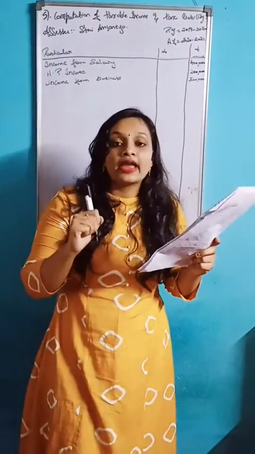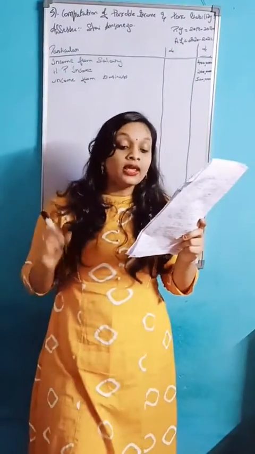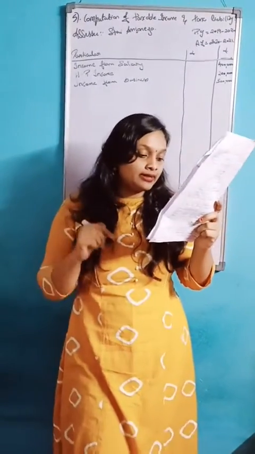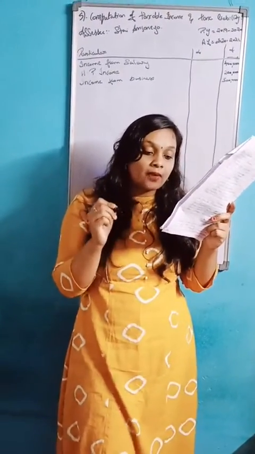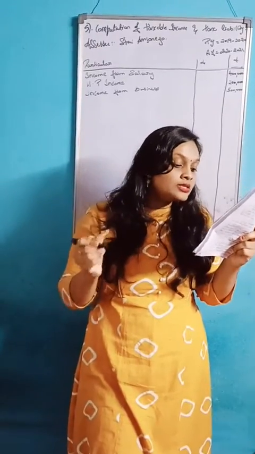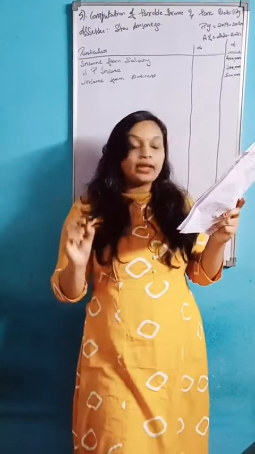Next, long-term capital gain and short-term capital gain they have given, and below they have mentioned a note. Let's see. So short-term capital gain is from the sale of equity shares for which securities transactions tax was not paid. Okay, was not paid.